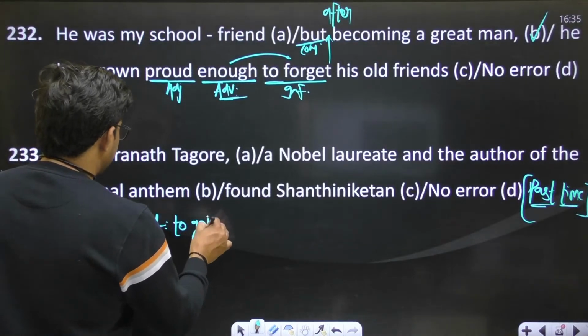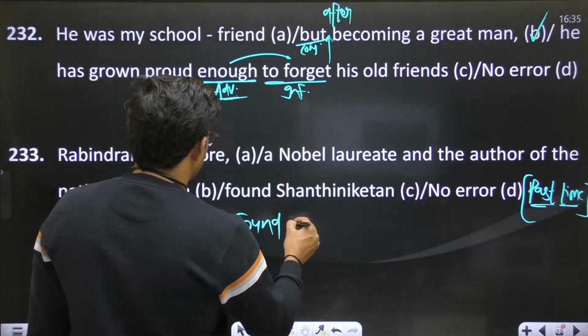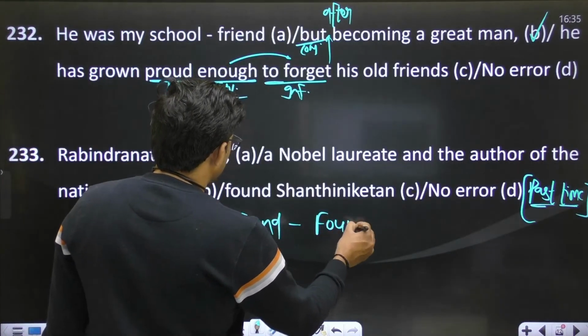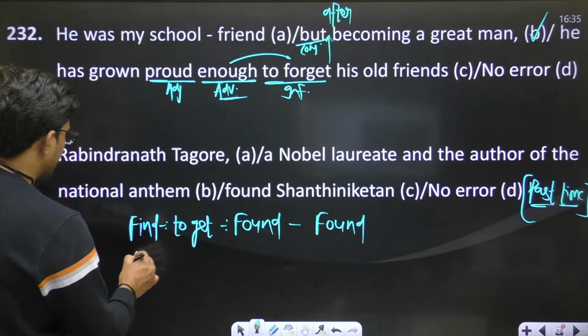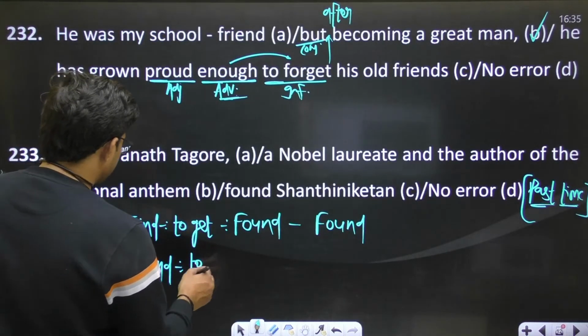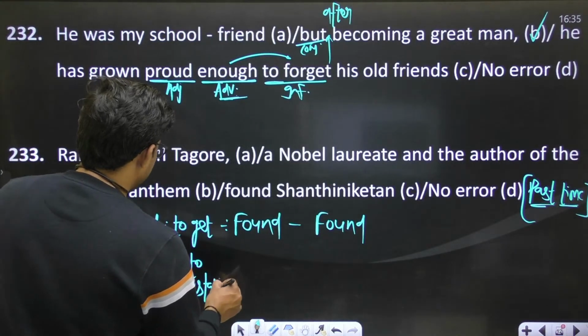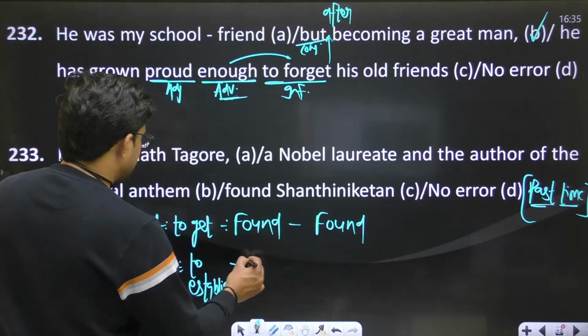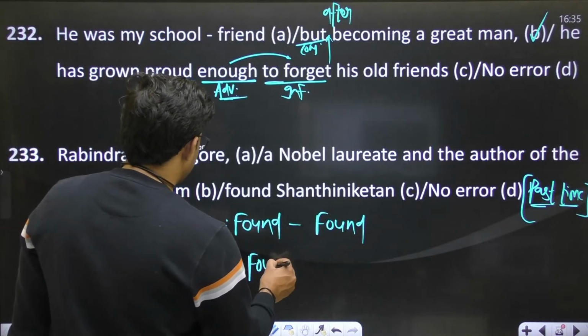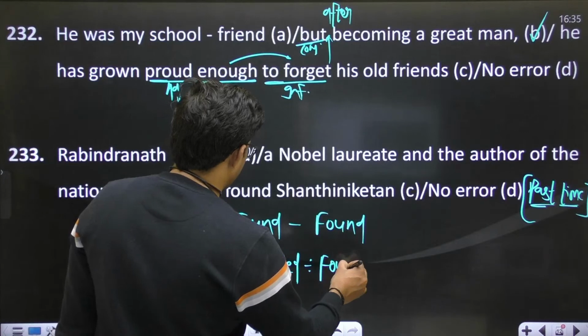The second form of find is found. Find, found, found. We have another verb here, found, and this found means to establish, right? And the second form of found is founded, and the third form is also founded.